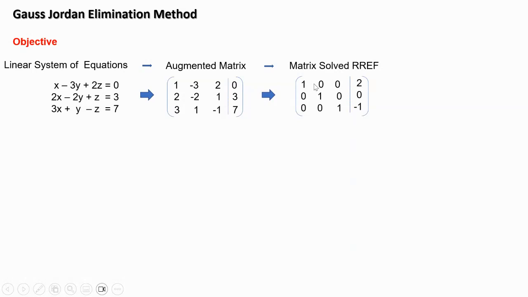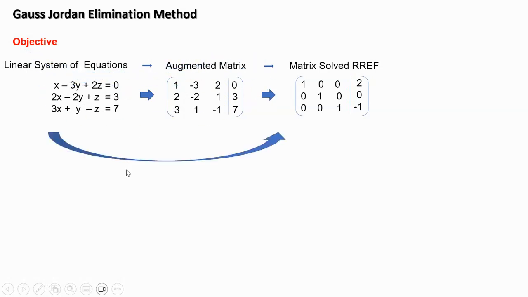This means 1x plus 0y plus 0z equals 2. In other words, x equals 2. For row number 2, this means y equals 0. And row number 3 means z equals -1. I believe this is the same system that I solved earlier, but we did it the other way.